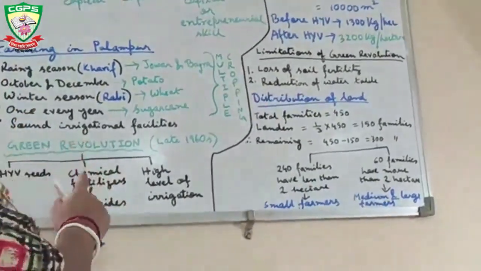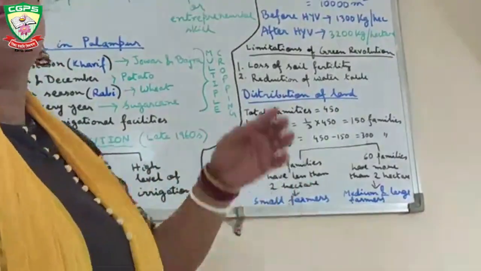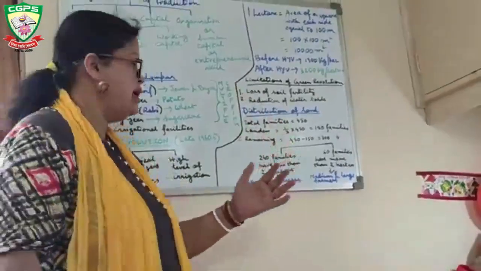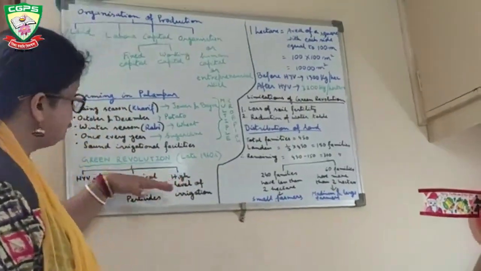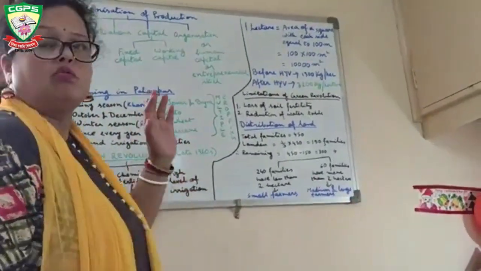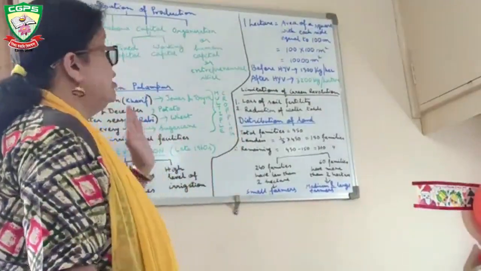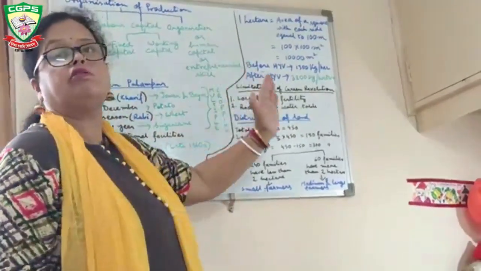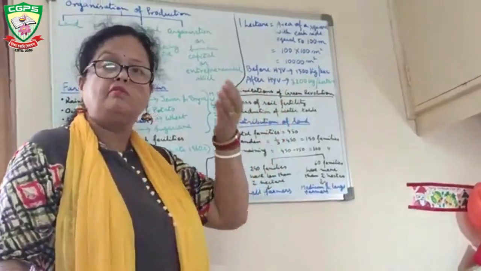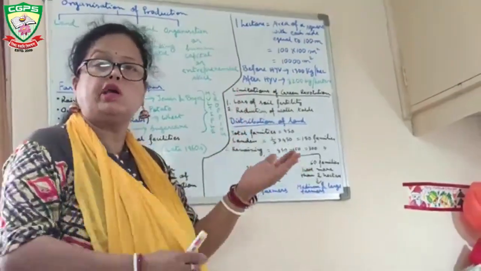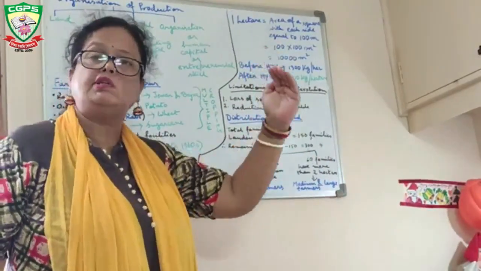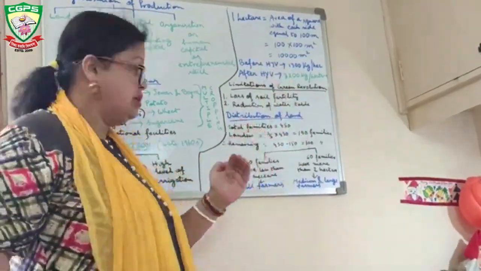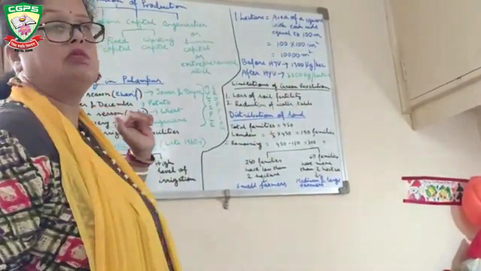That means whenever we want to do green revolution or the modern method of farming, the farmers need to use chemical fertilizers and pesticides, which are, you can say, reducing the soil fertility. Mixing with the soil, the fertility of the land is slowly decreasing after this invention of green revolution.